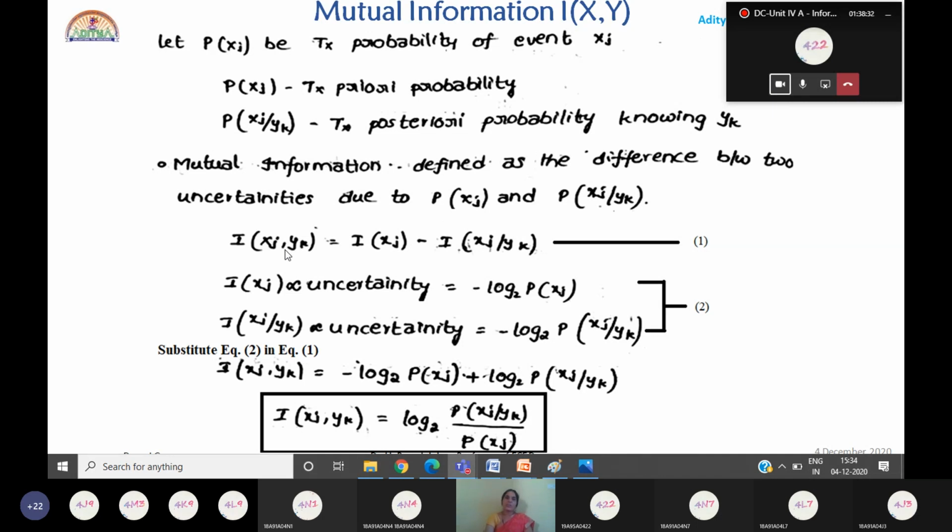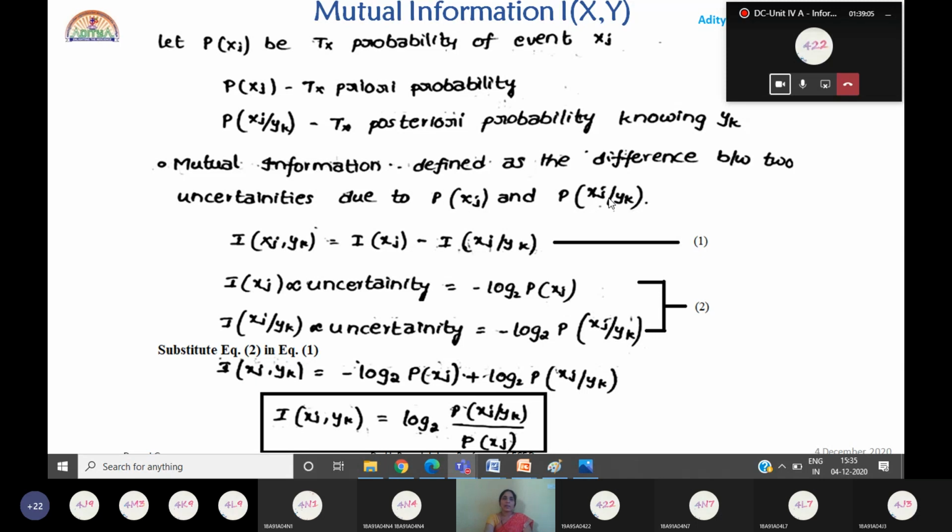So what is mutual information? It is defined as the difference between the two uncertainties due to the priori probability and posteriori probability of the transmitter section or receiver section. So here we can take P of xj and P of xj by yk, or else if we consider the receiver, we can consider P of yk and P of yk by xj.